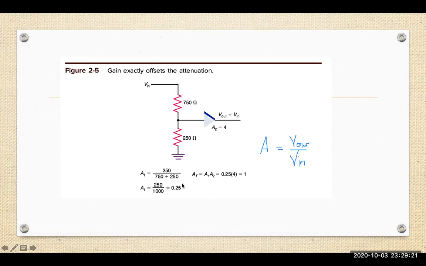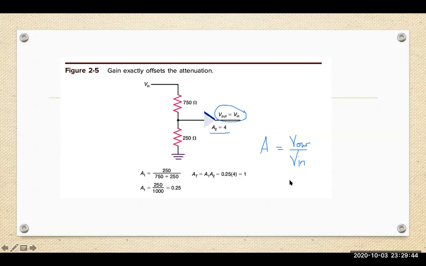In this network, we are given the gain of the second stage. So we need to know the gain of the first stage. So how do we do that? It says here, there's a condition that the output is equal to the input. That's why we're going to use a voltage divider here to solve for this one.